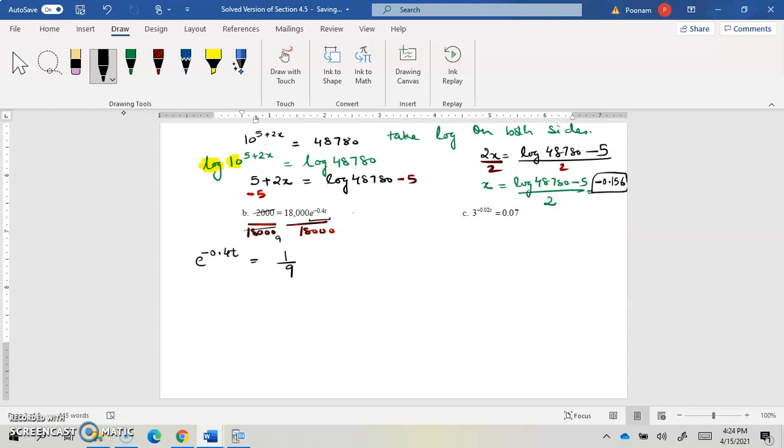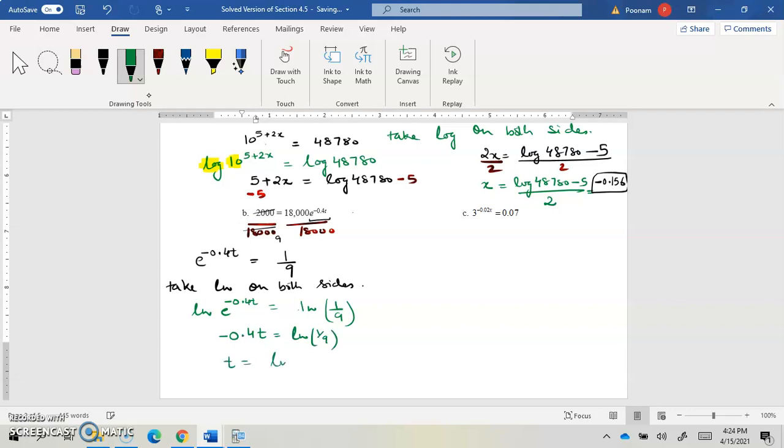I can take log on both sides, but because the base is e, I am going to take natural log on both sides. So what do we have? Natural log of e raised to power negative 0.4t is equal to natural log of 1 by 9. Now remember, natural log and e cancel each other. We are left with negative 0.4t is equal to natural log of 1 by 9. T would be natural log of 1 by 9 divided by negative 0.4.